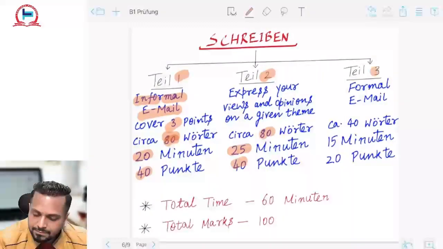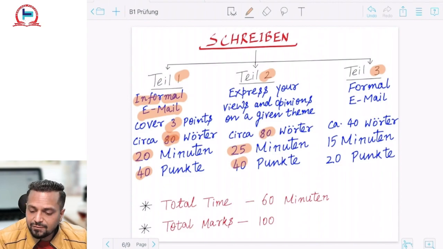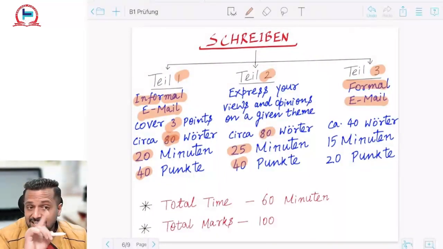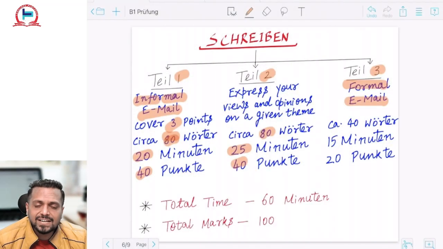And Teil 3. Teil 3 is a formal mail. Remember, Teil 1 was informal email, while Teil 3 is formal email. You are writing to someone, usually it is appointment cancellation or rescheduling for some appointment.